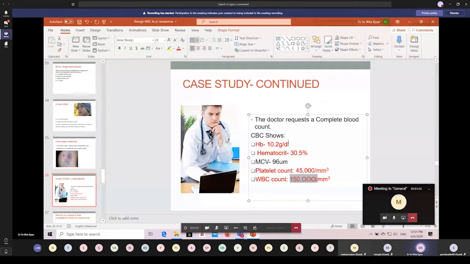Normal hemoglobin should be around 12 to 15. This is what you see: much increased, right? Increased a lot. Yes. But this is reduced.